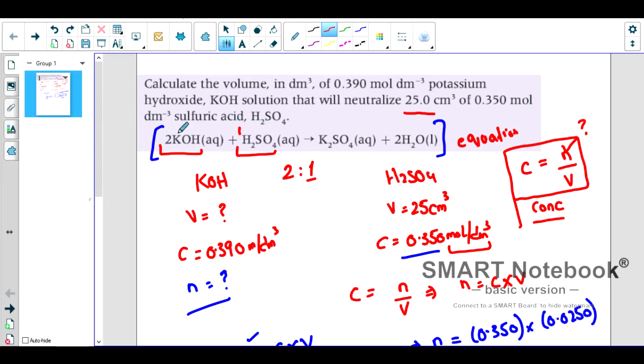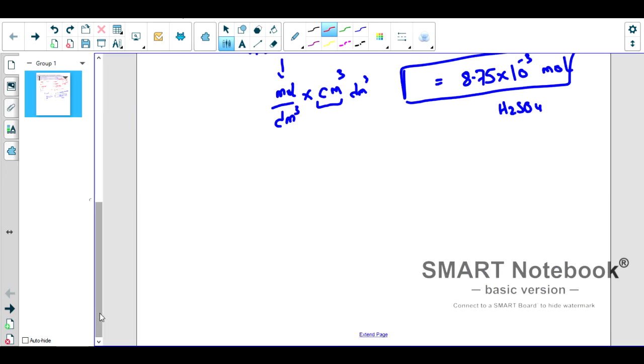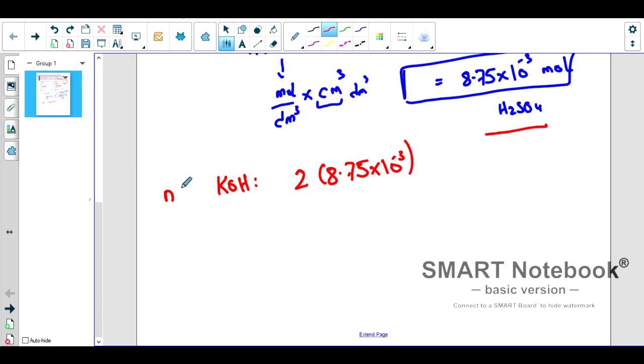If it is 2, it will be 4. So if it is 8.75 into 10 raised to power minus 3, then the number of moles of KOH will be double of the acid. It will be 1.75 into 10 raised to power minus 2 moles.